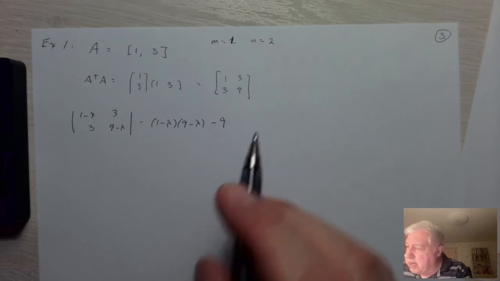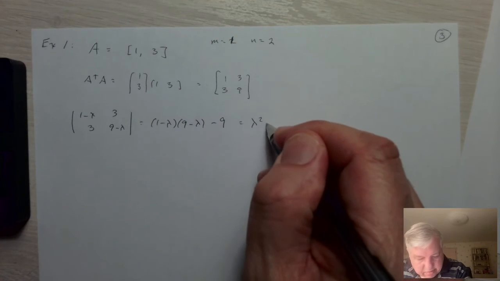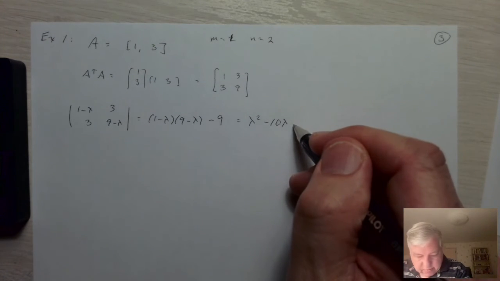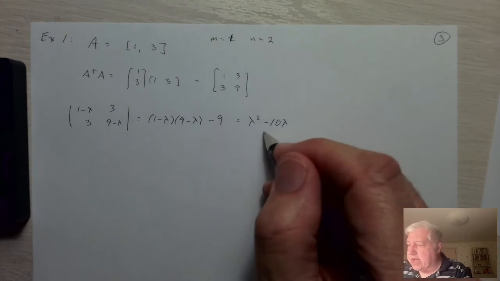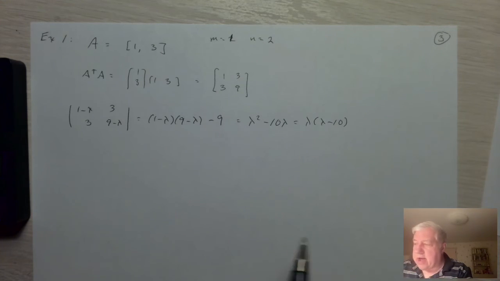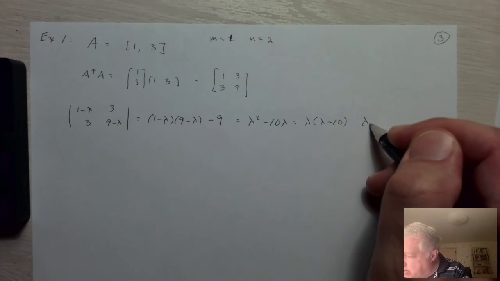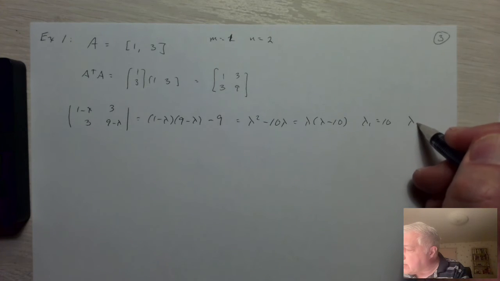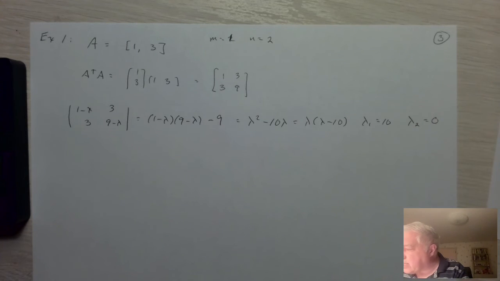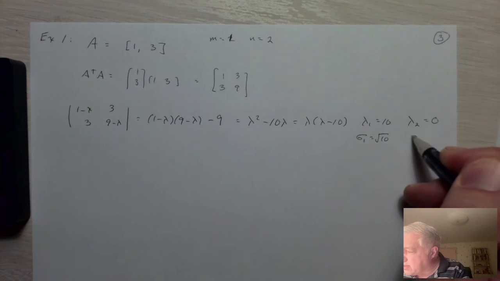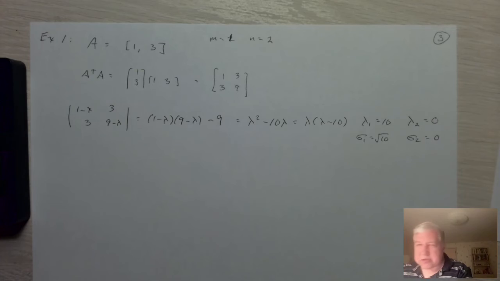If you multiply this out, you get lambda squared minus 10 lambda, and you can factor out lambda. It's pretty clear that the eigenvalues will be 10 and 0. So we can let lambda 1 equal 10, the biggest one first, and the zeros always go last. This means that sigma 1 is the square root of 10, and sigma 2 is still 0.